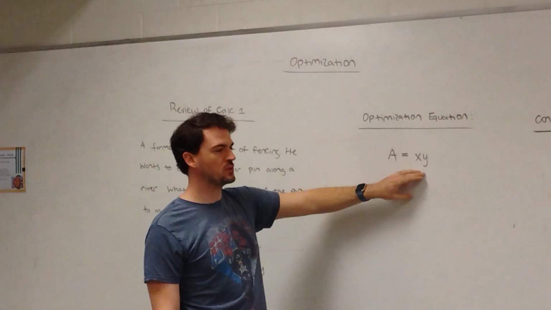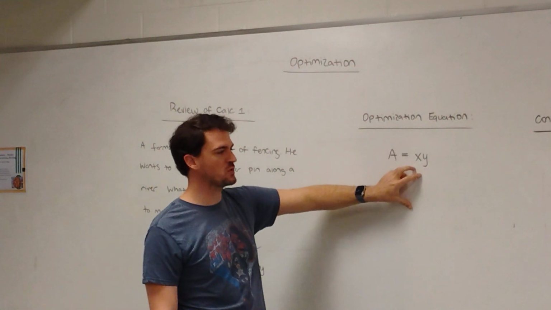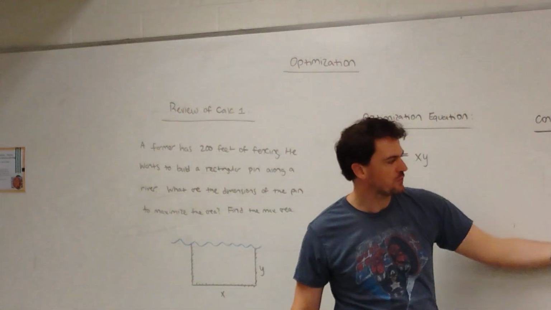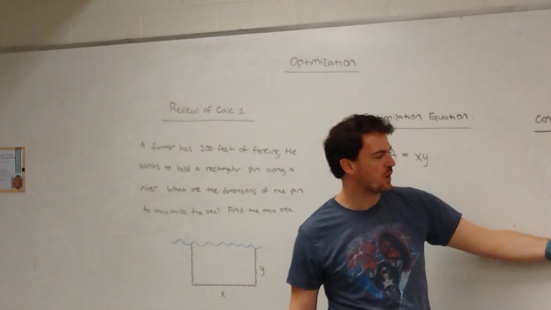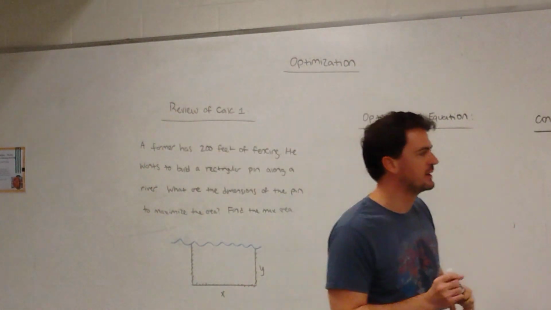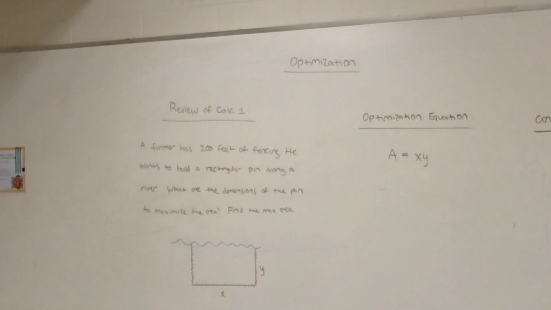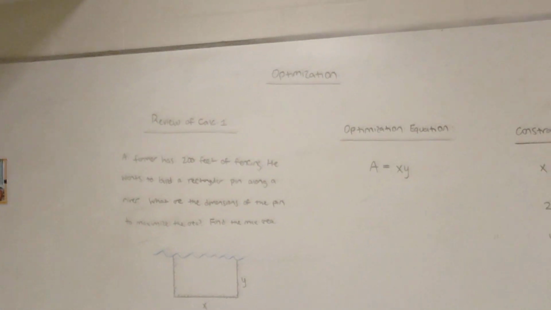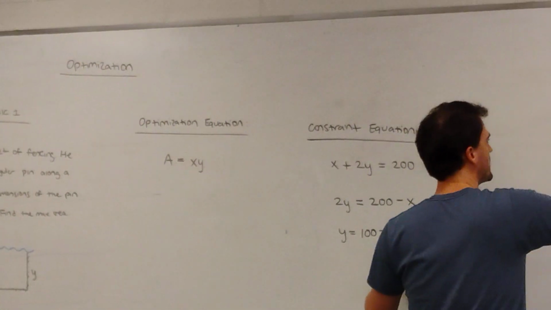Two different variables, and we're in a Calc 1 setting, so we don't know how to work with two variables. So we solve for one variable in our constraint equation and drop that into our optimization equation. So the area is x times y, and y is 100 minus 1/2 x.